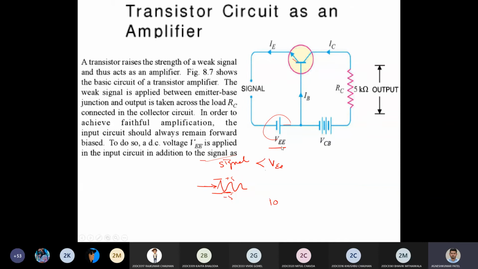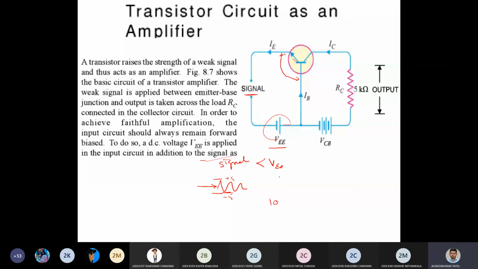How to make sure of that? By having a large VEE compared to your signal. Here my signal is 10 volt peak to peak, but I am having a 10 volt battery, so this will always be in forward bias. That's the first condition to use a transistor as an amplifier. Once you do that, depending on the signal, the voltage between these two will change.